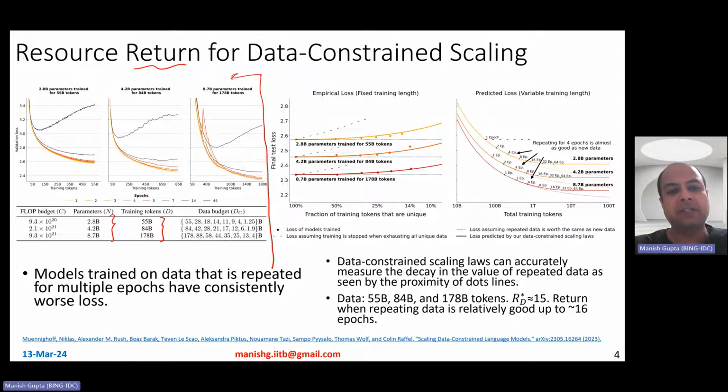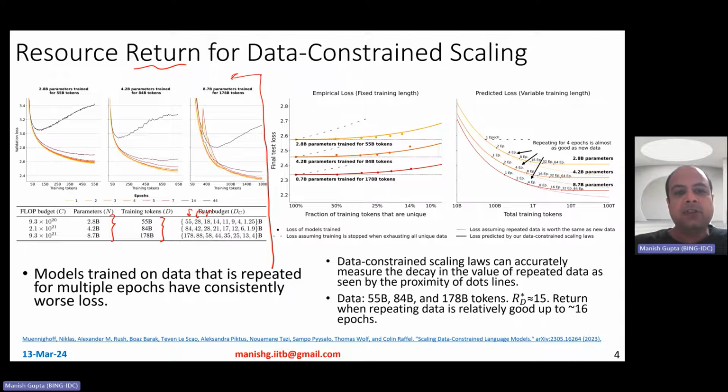If you look at the 55 billion, you just do one epoch. But if you use just 28 billion tokens, you repeat it 2 times, so that's 2 epochs. Similarly, for 3 epochs, you sample 18 billion tokens and see them 3 times. So effectively you're looking at 55 billion tokens, but in the first case you look at each token once, in the second case twice, in the third case thrice, and so on.